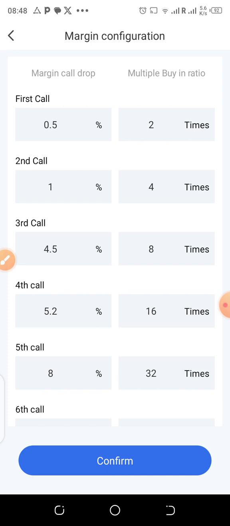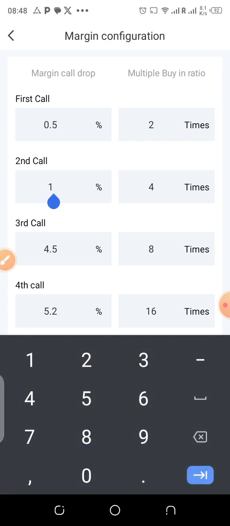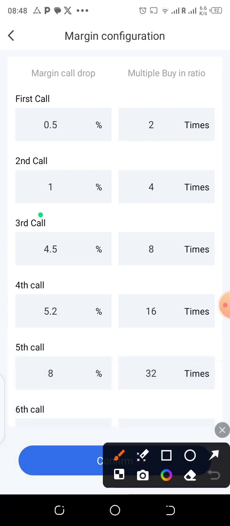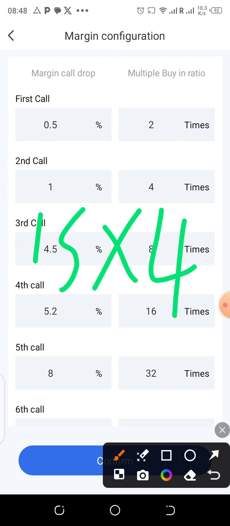If the market drops by 2%, 1% on the second call, let the robot buy 4 times of your first buy in amount. So what does this mean? $15, your first buy in amount, times 4.